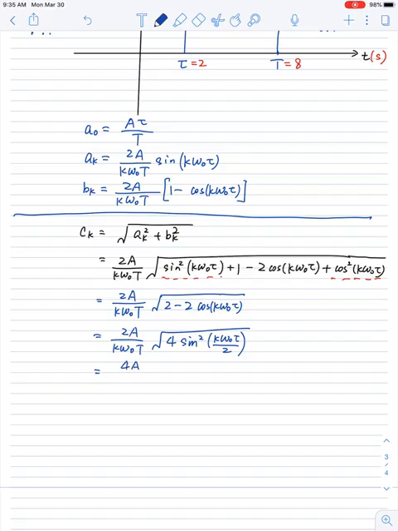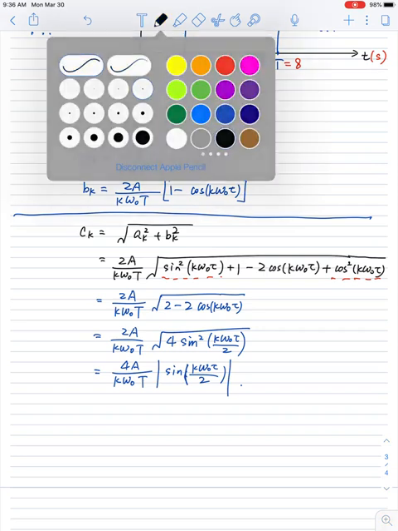And therefore, we get the formula that is equal to 4A K omega 0 T. No, it's not tau. I'm sorry. It should be capital T multiplied with the sine K omega 0 tau divided by 2. And then take the absolute value. So this gives us the expression of CK.